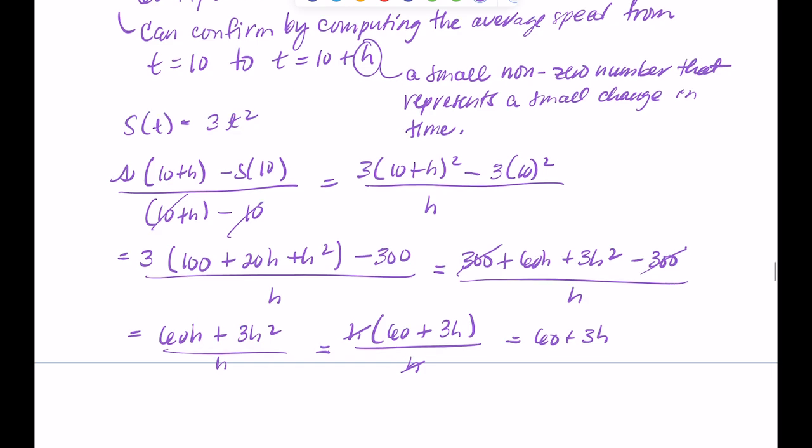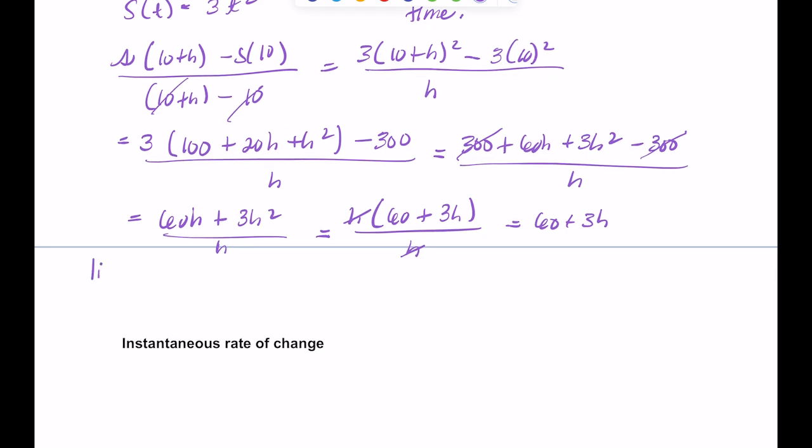So now remember that we're looking at the limit as h approaches 0 of s of 10 plus h minus s of 10 over h, which is the same thing as the limit as h approaches 0 of 60 plus 3h.